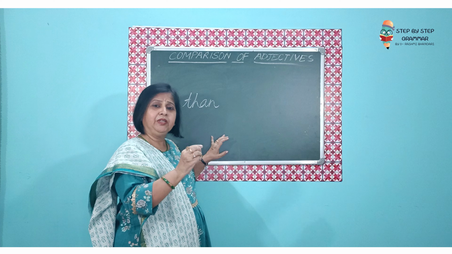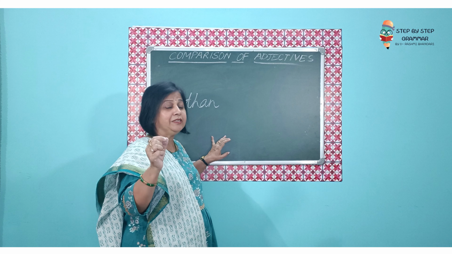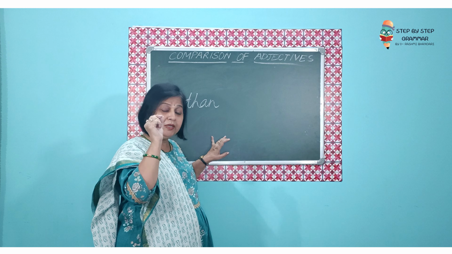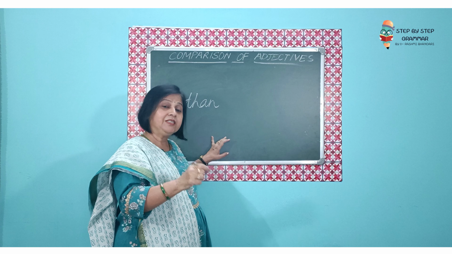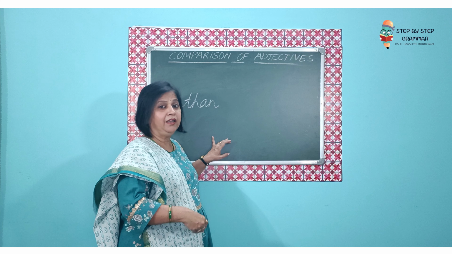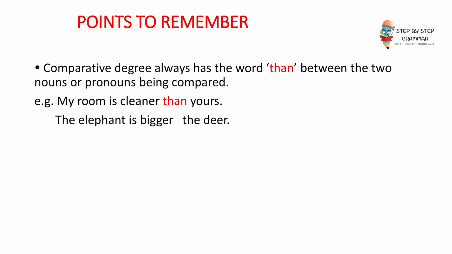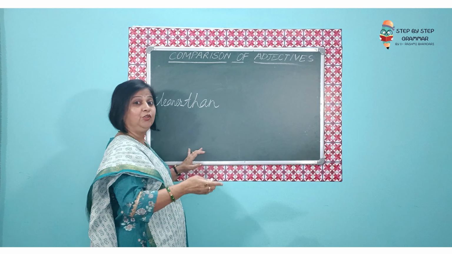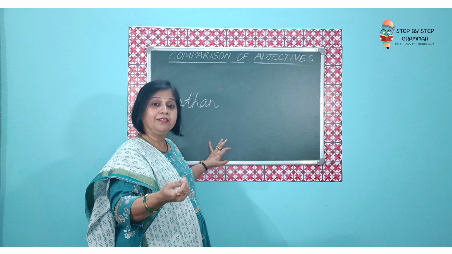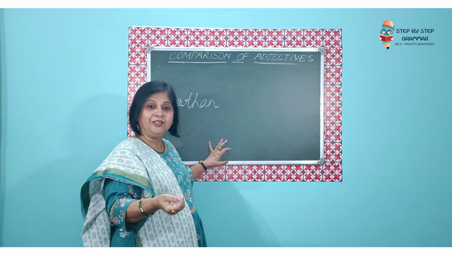And of course it will be given, but you will get certain examples sometimes where the two nouns or the two pronouns are not directly mentioned, but still the word than will come over there. Like, my room is cleaner than yours. The elephant is bigger than the deer.